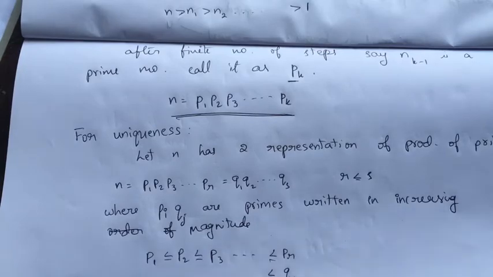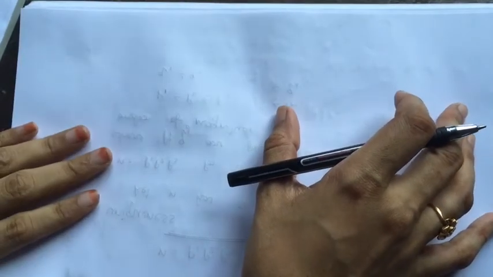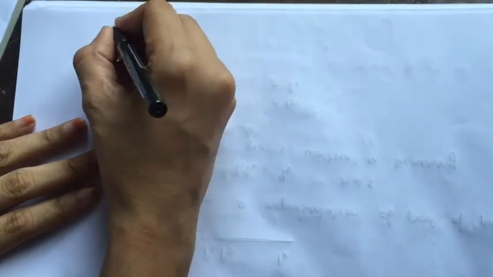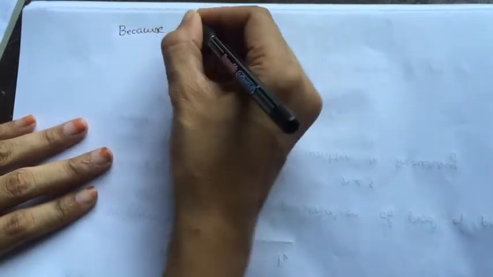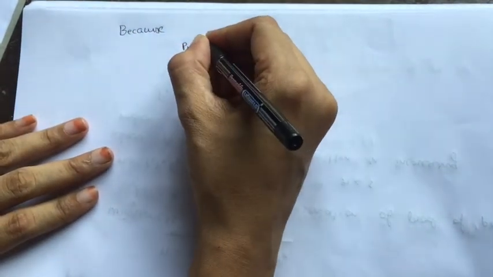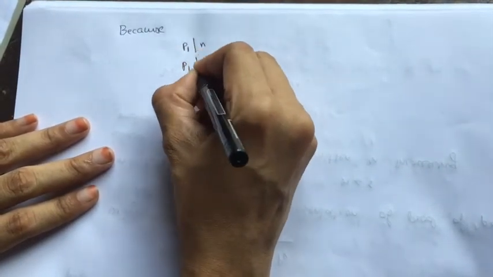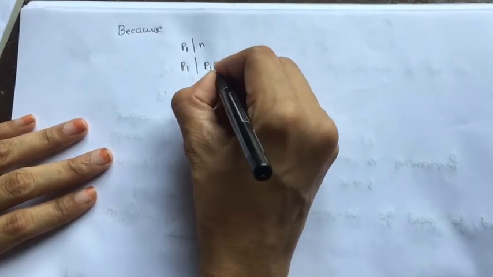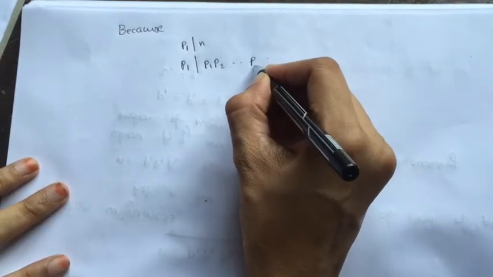So it's mentioned p1 divides n, a product of primes. Because p1 divides n, this can be written as p1 into p2 and so on up to pr.